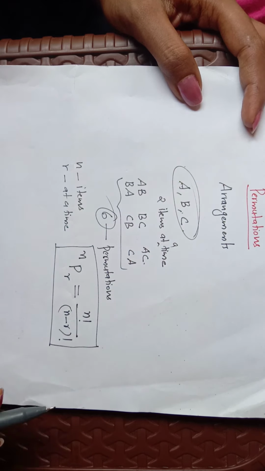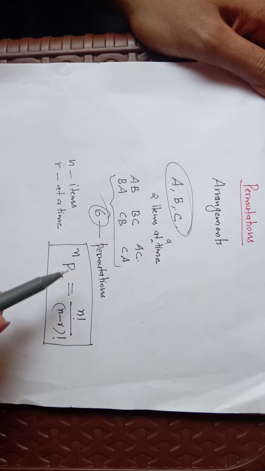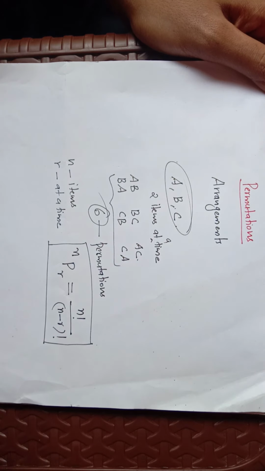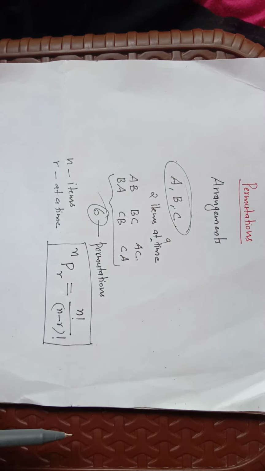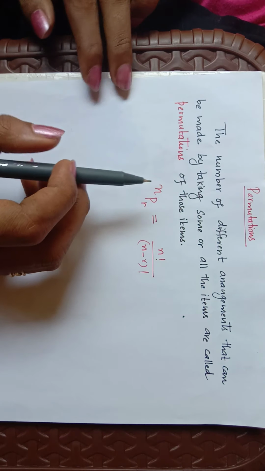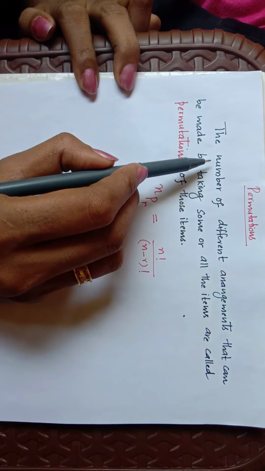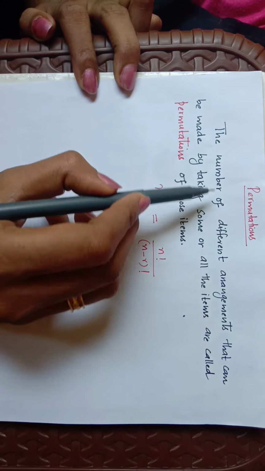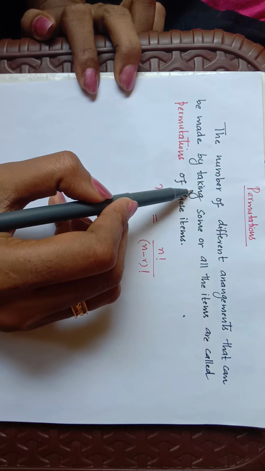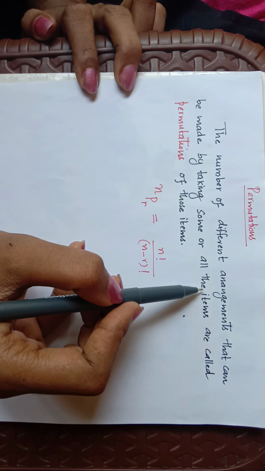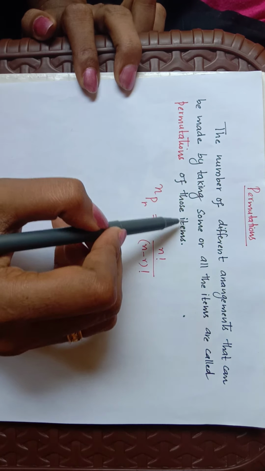Now, using this formula, we can do so many problems related to permutations. Whenever you are asked to find the number of arrangements of something, you can use this formula to find the number of possible arrangements. So, we can have a look at the definition of permutations. Permutations means the number of different arrangements that can be made by taking some or all of the items.